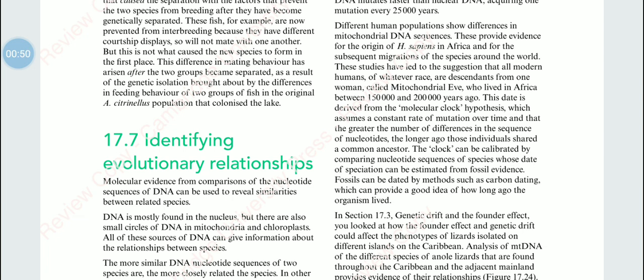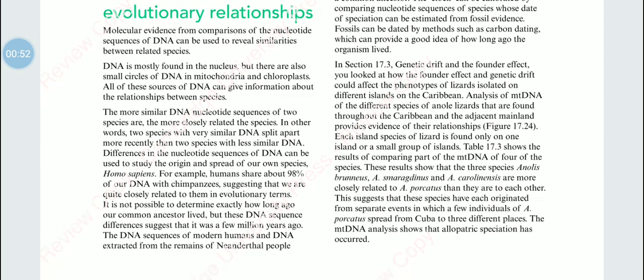Now, if the DNA nucleotide sequences are more similar, that means they are closely related. So that means if they are very similar, they have split apart, or the separation has taken place, very recently. Now if they have less similar DNA, then that means they have split apart long ago.